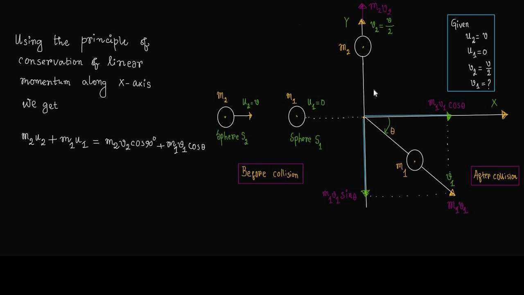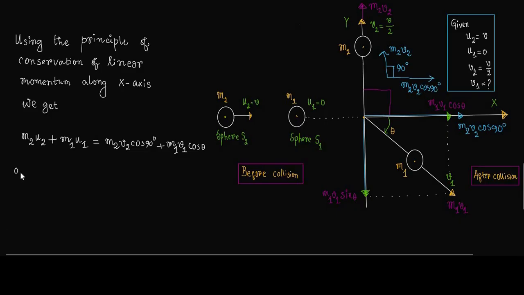Along positive y-axis, linear momentum of S2 is m2 v2, and the component of m2 v2 along x-axis is m2 v2 cos 90 degree.